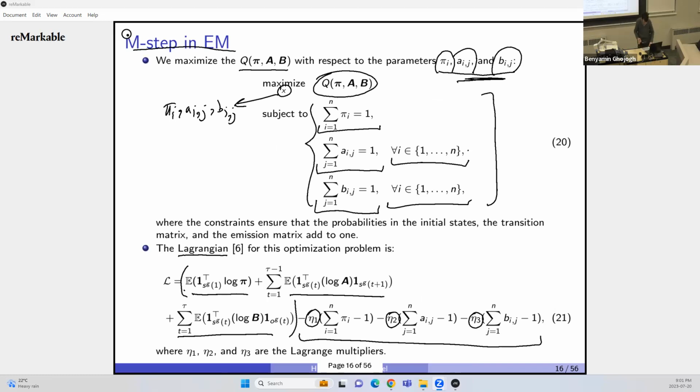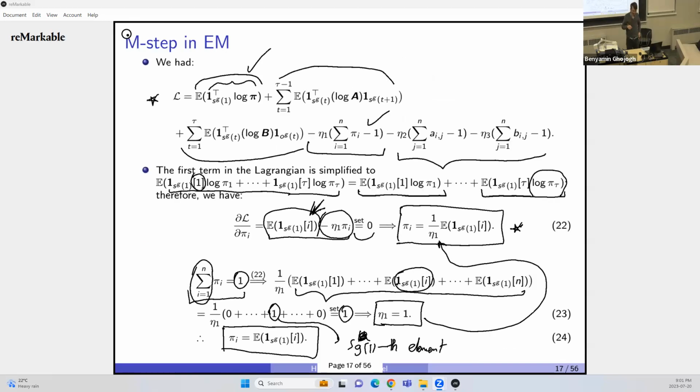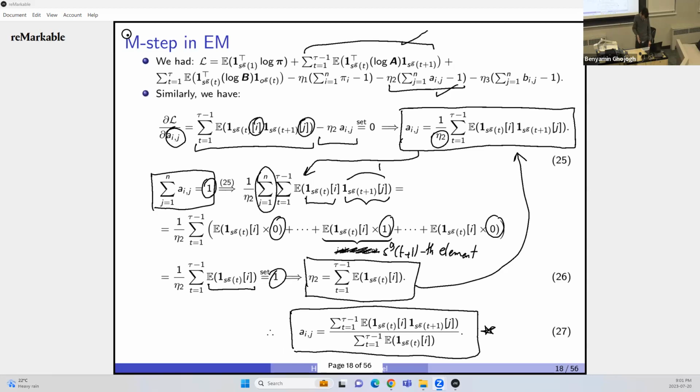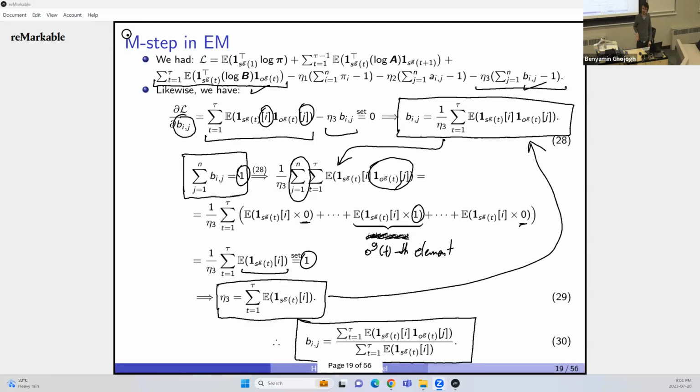All of these, I derived by myself. I tried for many hours, reverse engineering these things to find out how people found these final solutions, equation 24, equation 27, and equation 30. So please know the value of these derivations. You can find these also in my tutorial paper on HMM.